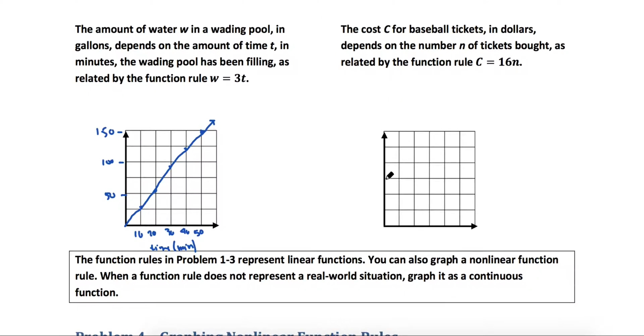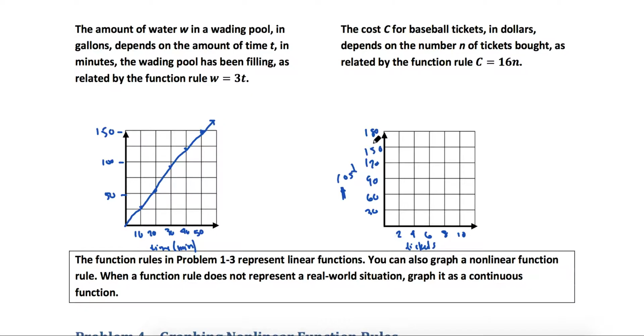Now here we have tickets bought, and we have the cost. So since you don't really buy one ticket, let's go 2, 4, 6, 8, and 10. And over here we'll count, counting by 30 should work, 30, 60, 90, 120, 150, 180.